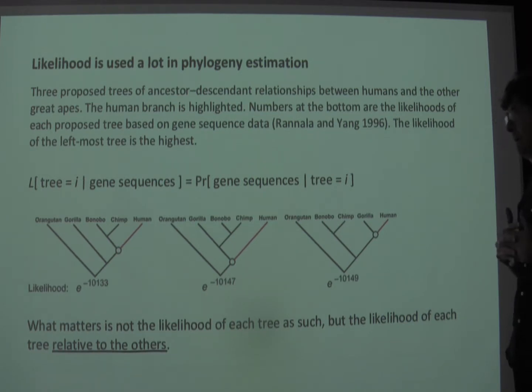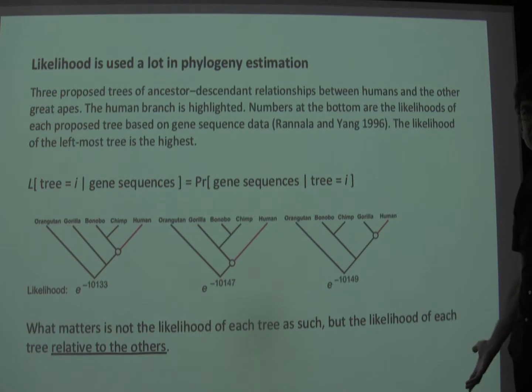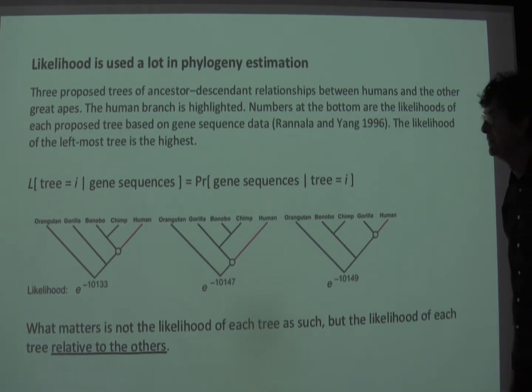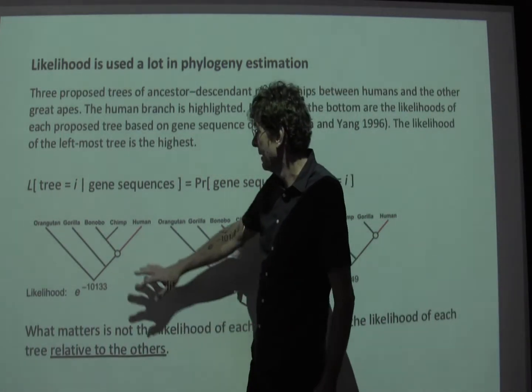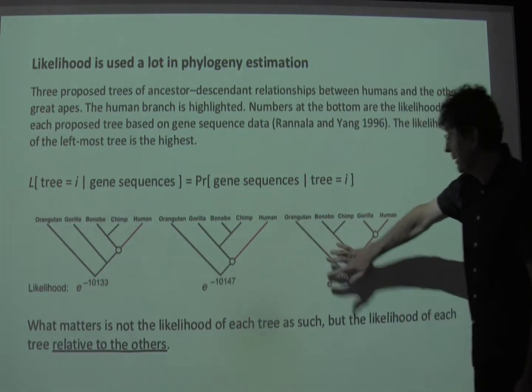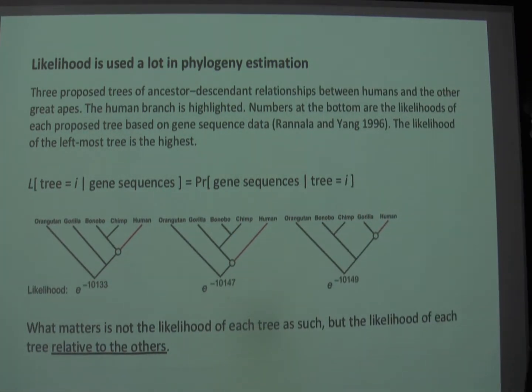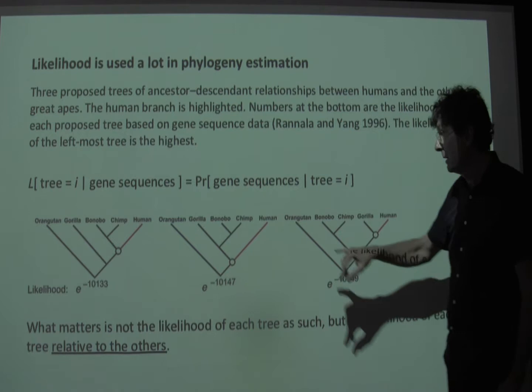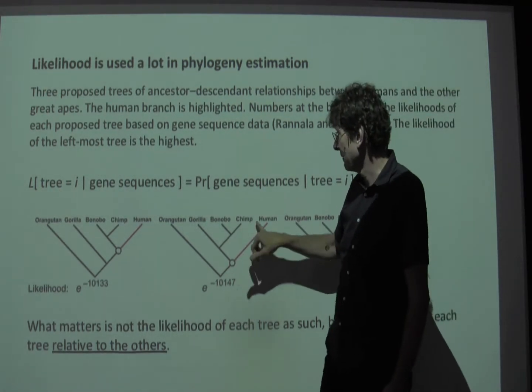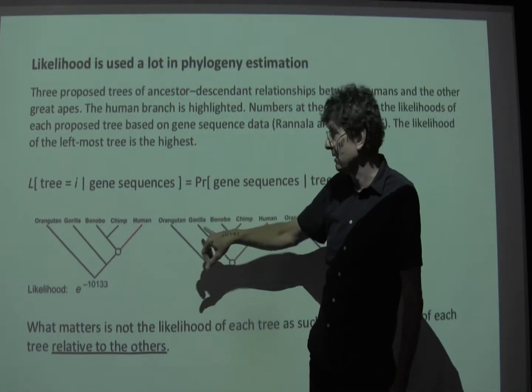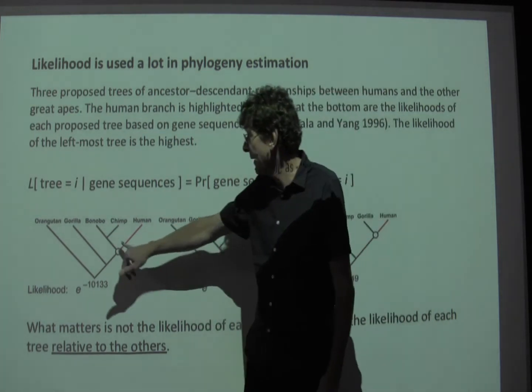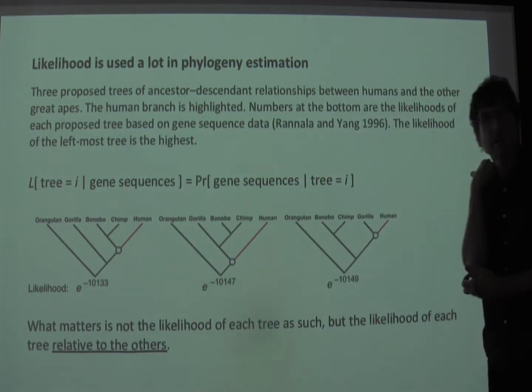And that was more controversial because, once upon a time, there was very little gene sequence data available. And here were the three top models under consideration: that humans were most closely related to gorilla, that they were most closely related to the clade that includes the chimps and the gorilla, or finally that they were sister to the chimps.